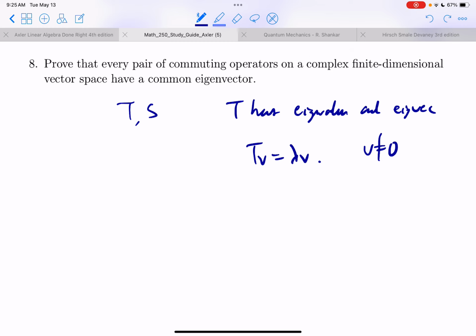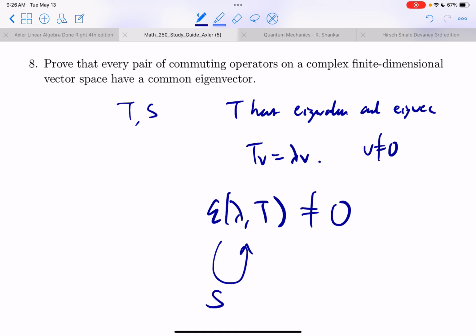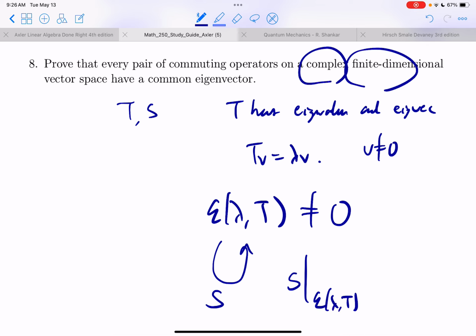Okay, but then that means that the lambda eigenspace of T is non-empty. Okay, but then it's invariant under S. Right? S takes this back to itself. So then S restricted to this thing is an operator on a complex finite dimensional space. This is a subspace, so it's definitely finite dimensional. And so this is an operator on a complex finite dimensional space.